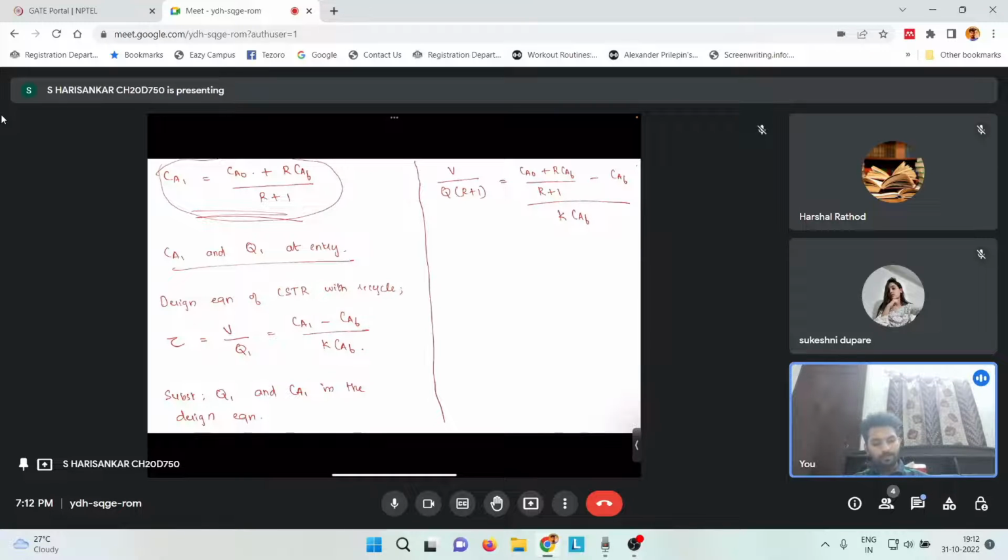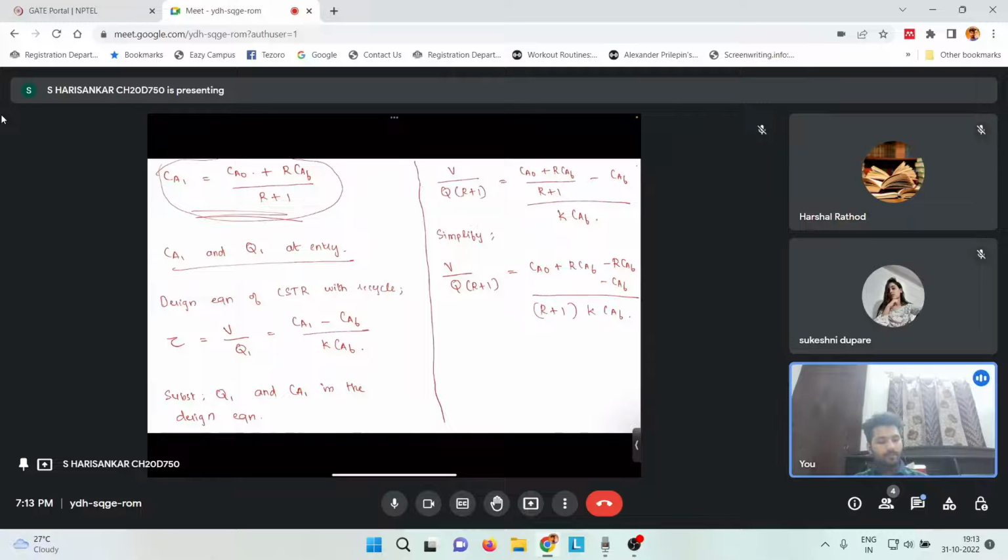Let us try to simplify this. So V by Q into R plus 1 is equal to, if you take the LCM and do some rearrangement, CA0 plus R CAF minus R CAF minus CAF, the whole by R plus 1 into KCAF.